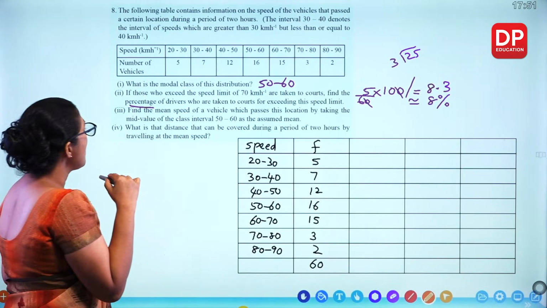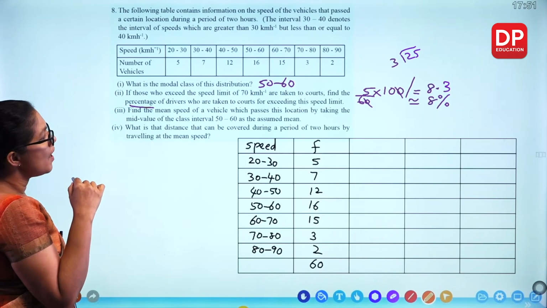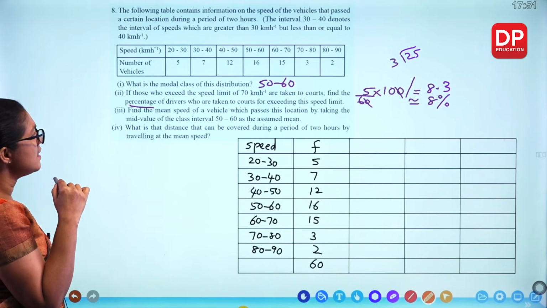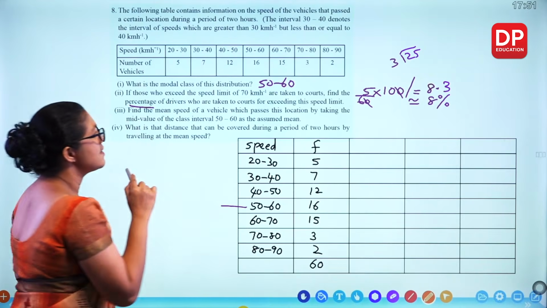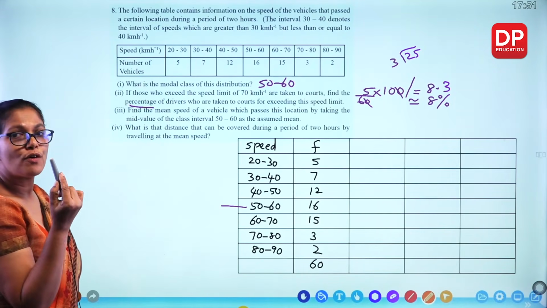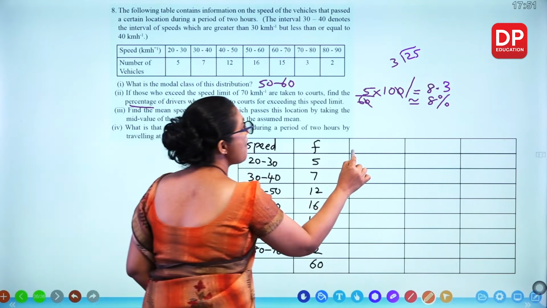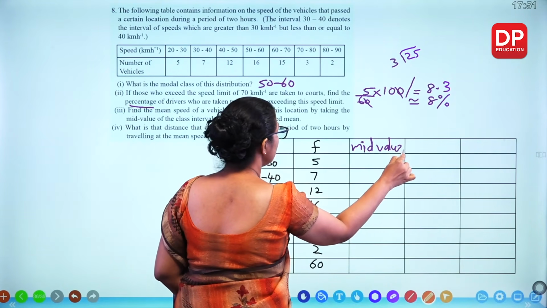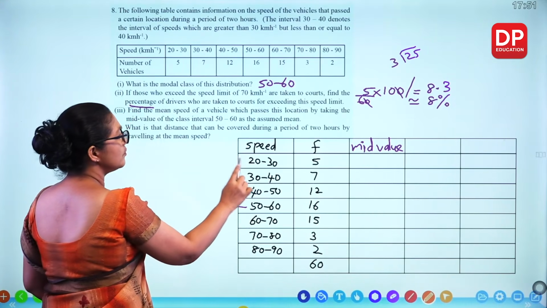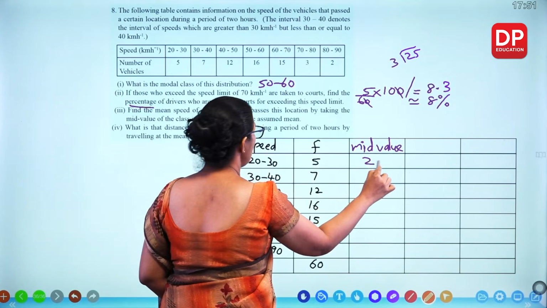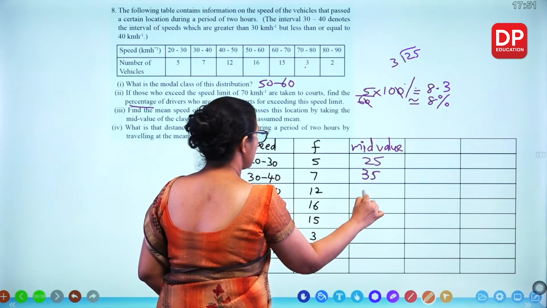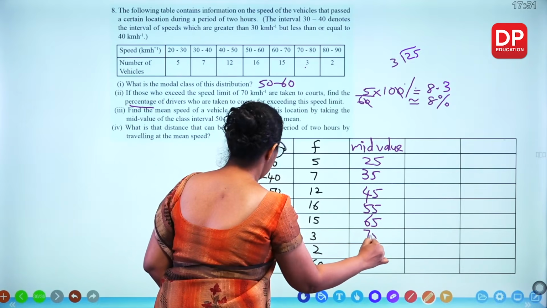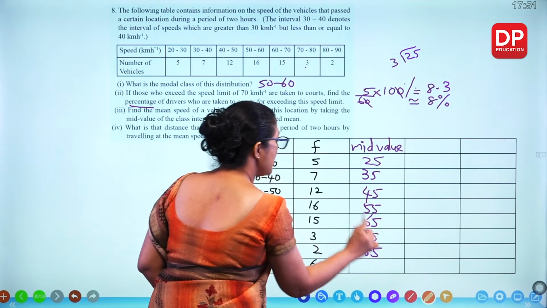Then third part, find the mean speed of vehicle which passes this location by taking the mid value of the class interval 50 to 60 as the assumed mean. So for that we have to calculate the mid value. 25, 35, 45, 55, 65, 75 and 85.